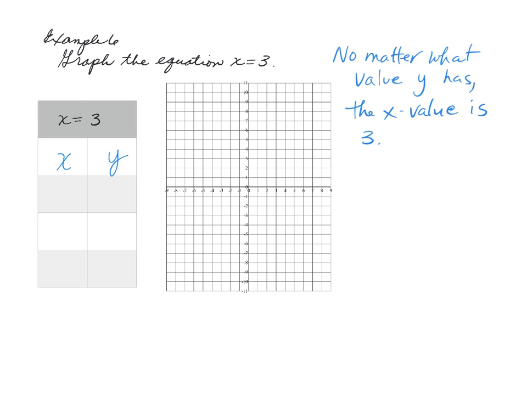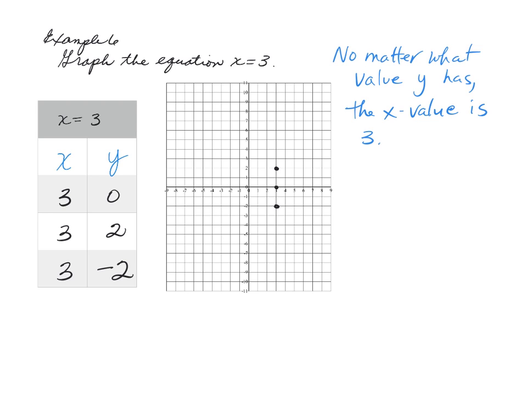So that means if y is 0, x is 3. If y is 2, x is 3. If y is negative 2, then x is 3. Now, if you graph it, it looks like this. 3 and 0, 3 and 2, 3 and negative 2.